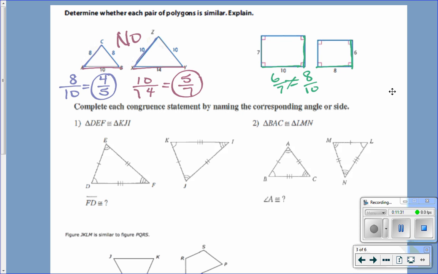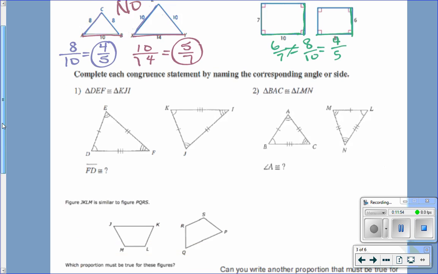Can you simplify 8/10 just so we see that it doesn't simplify to 6/7? 4/5, right? Let's give them one big clap. Did anybody have 7/6 and 10/8? That is okay too. Are we good with that? That's fine. All right. Moving on down.